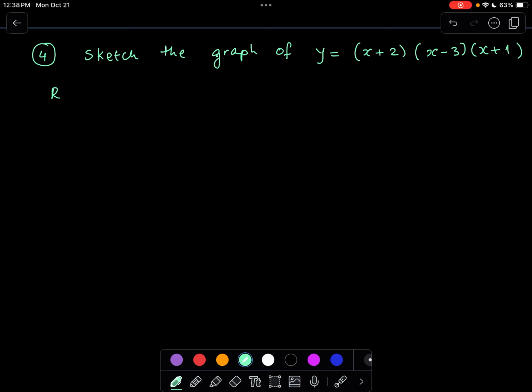So again, this time, take a minute, pause the video, and identify what are the roots. Remember, the roots are opposite to the factors. So if the factor is +2, the root is going to be -2.